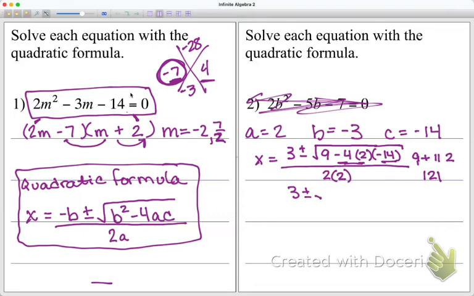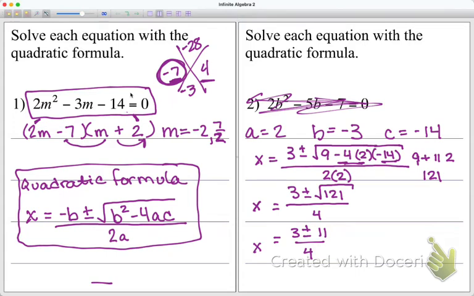So I have plus or minus the square root of 121 over 4. And it's still x equals, right? Well, what is the square root of 121? 11. So you have 3 plus or minus 11 over 4.